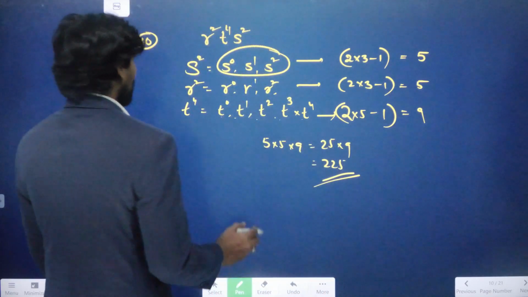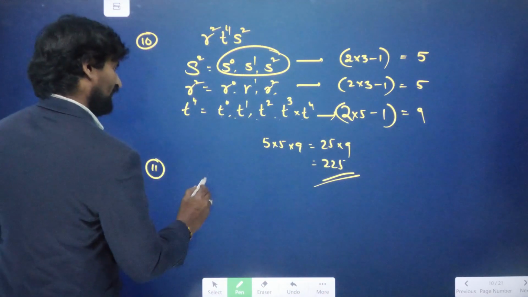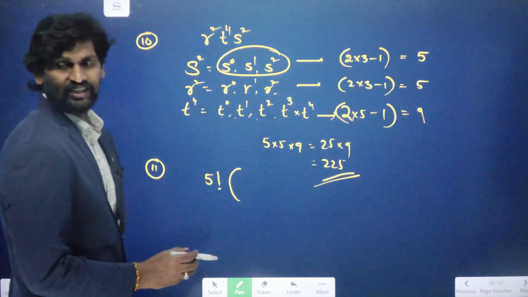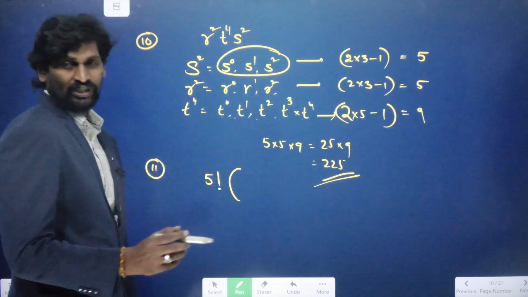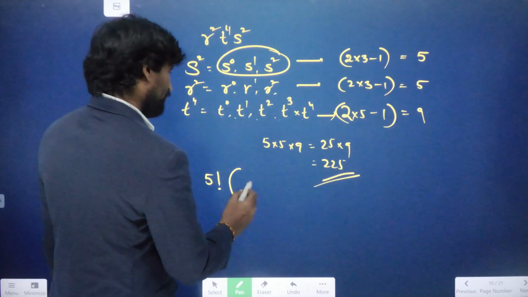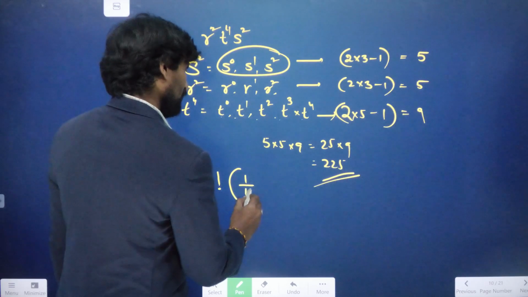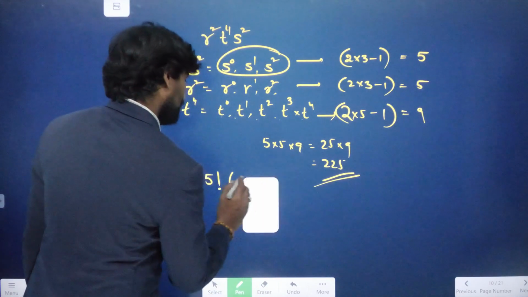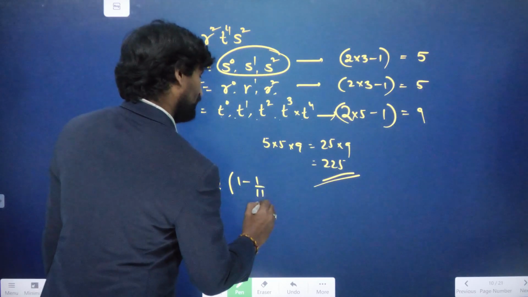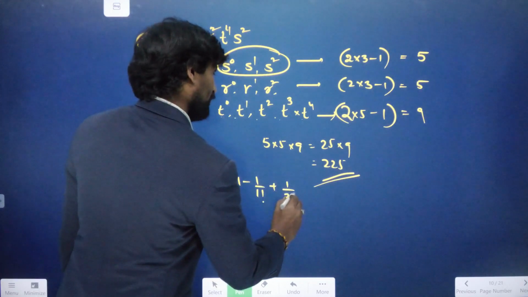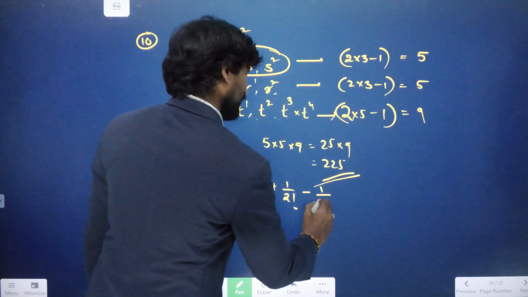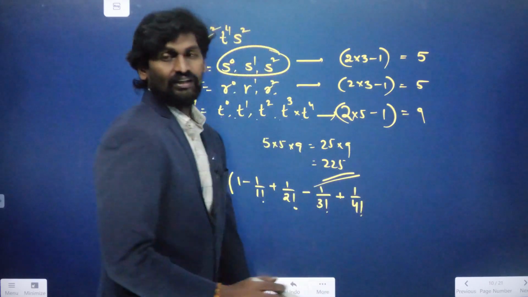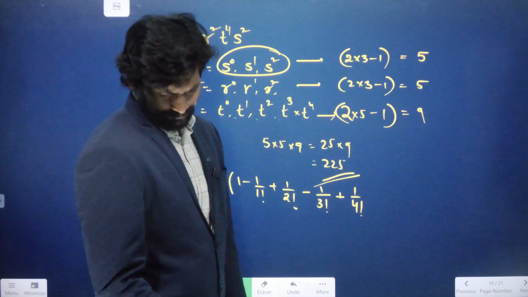For this we have a formula. First the letters can be arranged in 5 factorial ways, into 1 minus 1 by 1 factorial plus 1 by 2 factorial minus 1 by 3 factorial plus 1 by 4 factorial minus 1 by 5 factorial, like that.